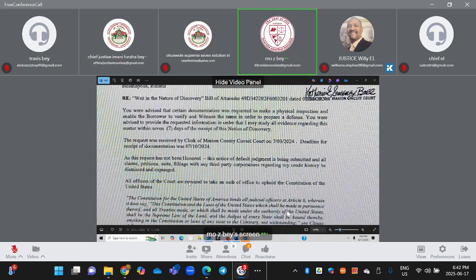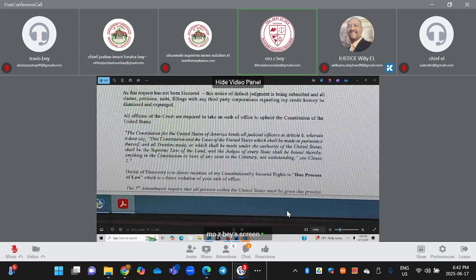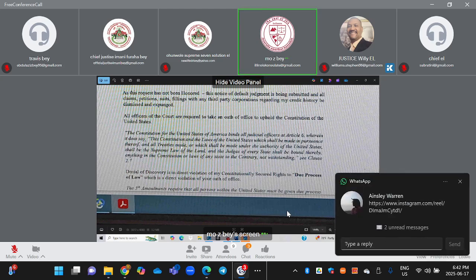All officers of the court are required to take an oath of office to uphold the Constitution of the United States. Then it's giving you the supremacy clause. The Constitution for the United States of America binds all judicial officers at Article 6, wherein it does say, this Constitution and the laws of the United States which shall be made in pursuance of, and all treaties made, or which shall be made under the authority of the United States, shall be the supreme law of the land.